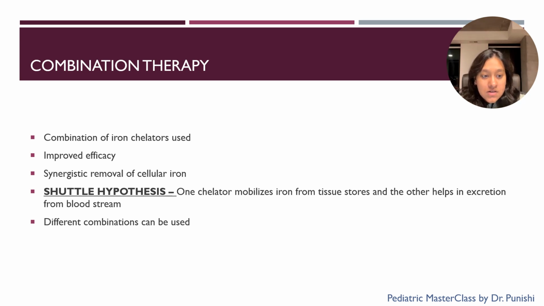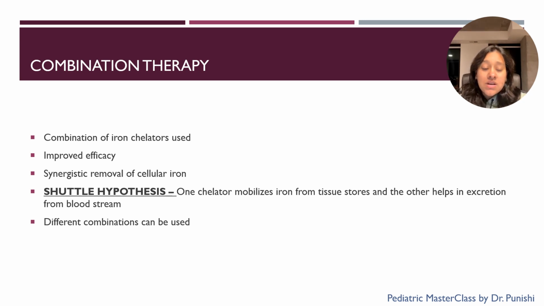Obviously, the application of this comes in where one iron chelator is not good enough to maintain your iron levels, or if the patient is having complications or side effects with the prescribed dose of the iron chelator that you're giving, so that you're not able to give a higher dose, and that's where the addition of another iron chelator comes into picture. So these are the indications of where you might have to use a combination therapy, and different combinations can be used.